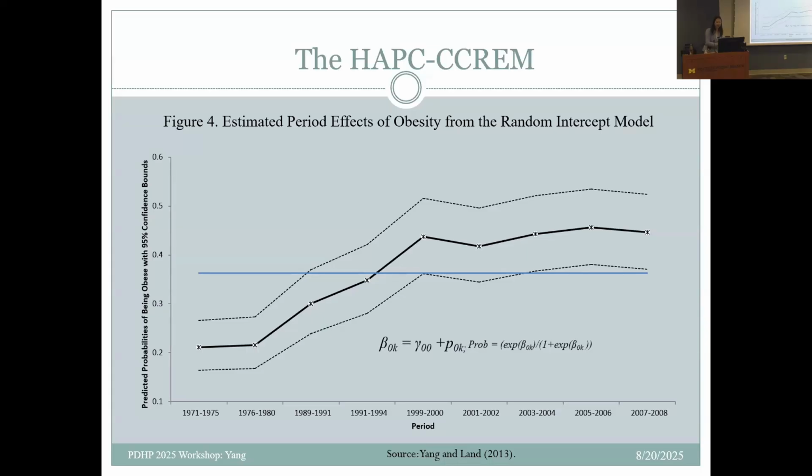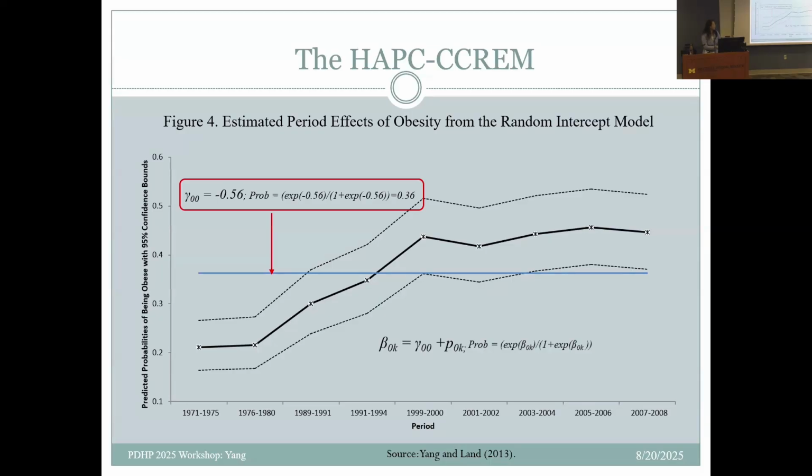Right, it may not be obvious here. This blue line comes from the estimate of the adjusted mean. The logit coefficient gamma 0 being negative 5.56 translates into a probability of about 0.36. So on average, the US population over this time period had an estimated probability of obesity of 36%. Okay, so this is what this line means.